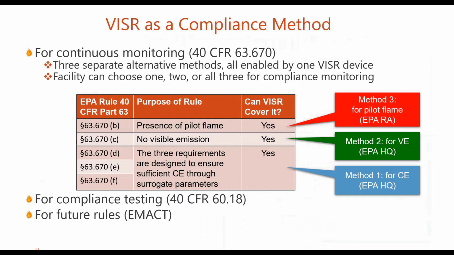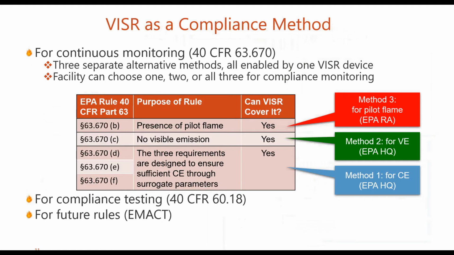It's going to simplify compliance, reduce deviations, and allow for better optimization of flare, reducing emissions, reducing the use of supplemental fuel, all around a better solution than the indirect method.